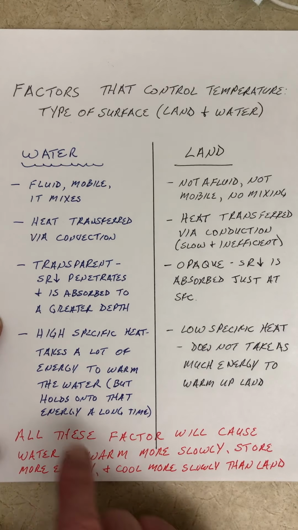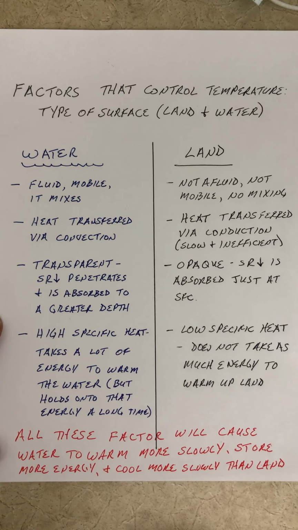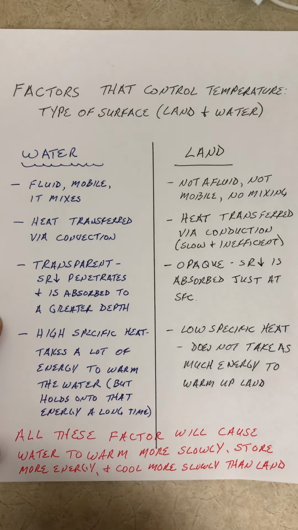And so because of that difference in specific heat, you'll often hear the term, going into November and December, that it's going to be cold tonight, temperature is going to be down into the 20s, but it's going to be warmer near the lake. That's because of the property of specific heat and the water holding on to that heat energy as we head into fall and towards winter.